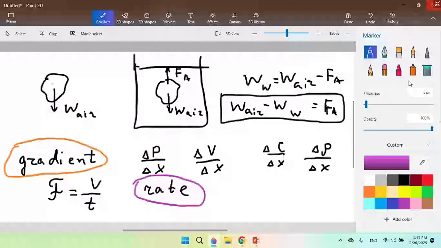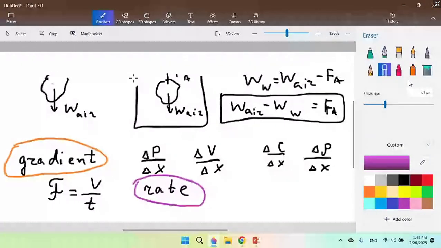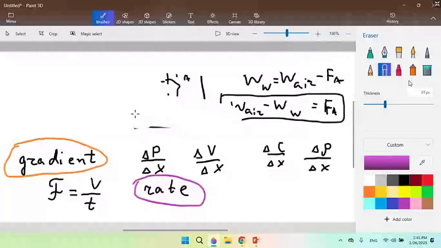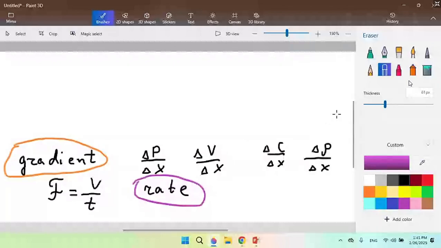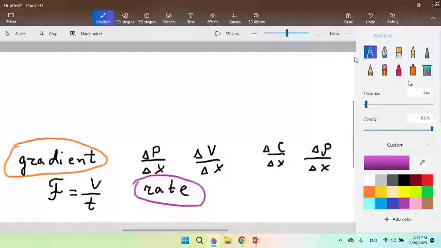Let me write the law in detail, and then we will write the short variant of it as given in the slide.